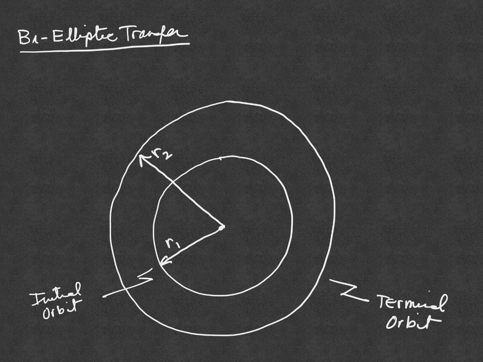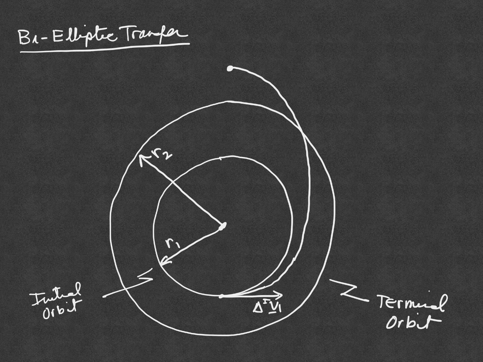Now, instead of using two impulses, which is what's used in the Hohmann transfer, we're going to use three impulses. So the first impulse, delta V1, is such that the transfer ellipse after this first impulse takes us to an apoapsis distance which is larger than r2.